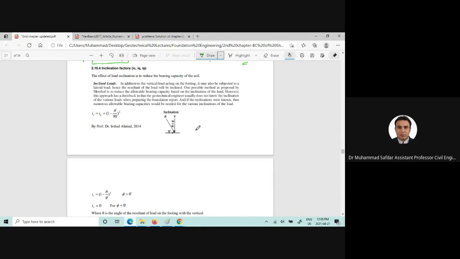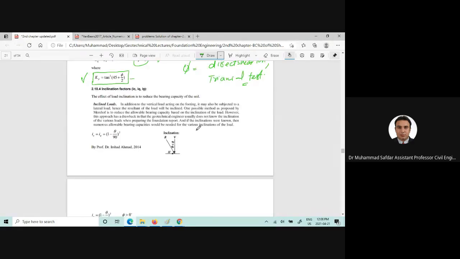Okay, now we discussed the inclination factors. If a vertical load is applied and a horizontal load is applied, then the resultant will be acting at a certain angle theta.